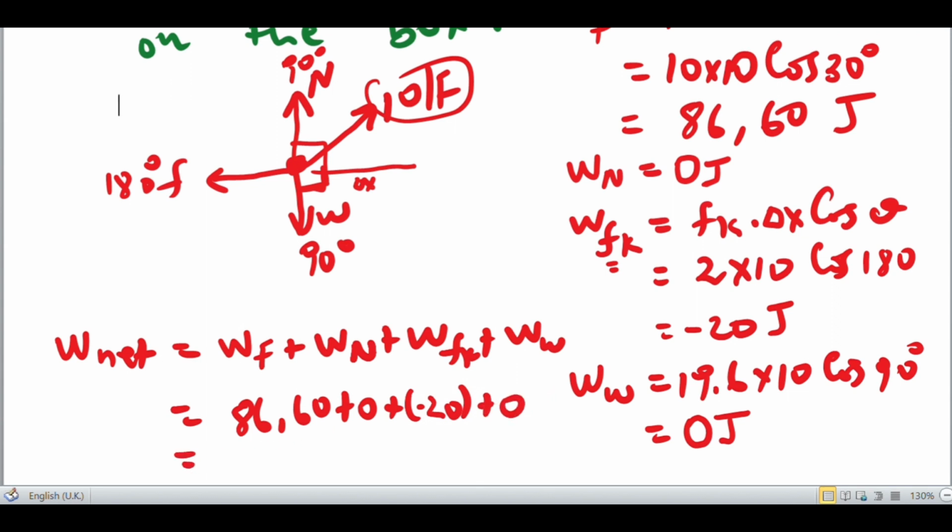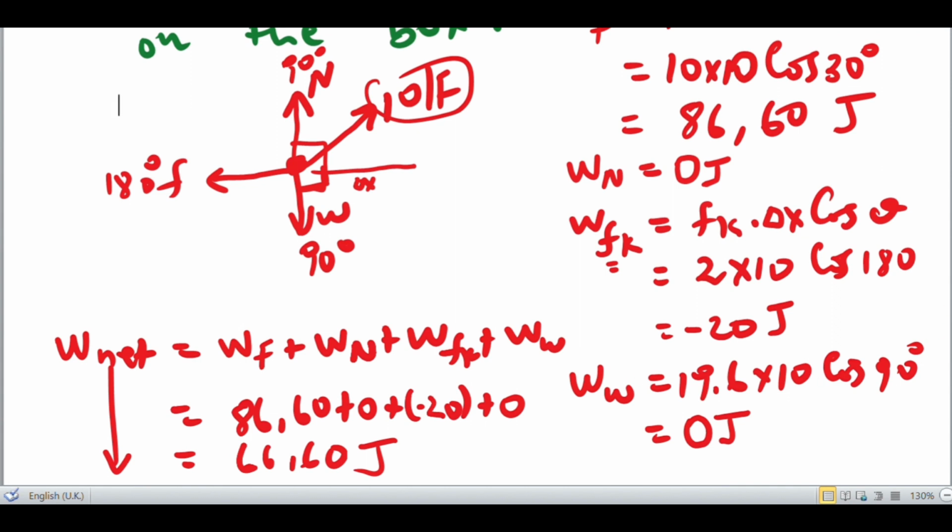So we are going to combine that. So the answer is 66,60 joules. This is the net work done on the block.